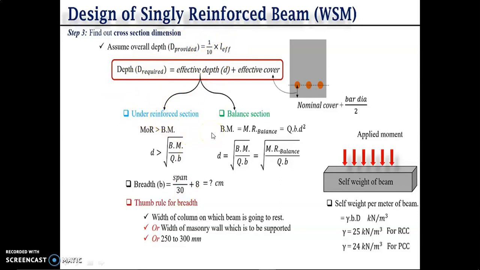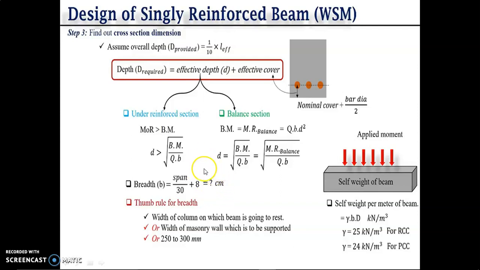So we have to check that the depth provided by us is safe or not. For that we have one formula. We first find the bending moment. If MR is greater than the bending moment, then we apply this formula, and from this formula we find whether our provided depth is less than or greater than required.